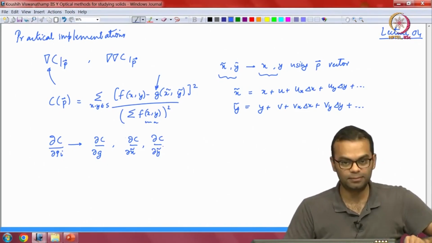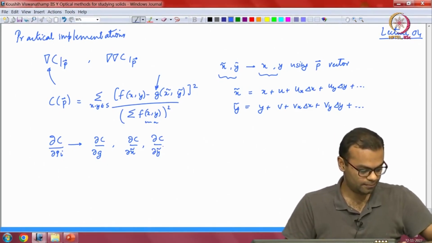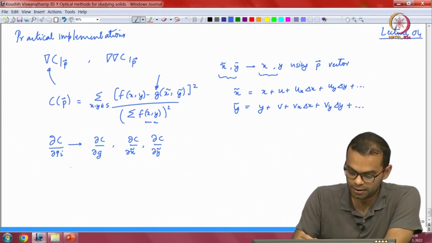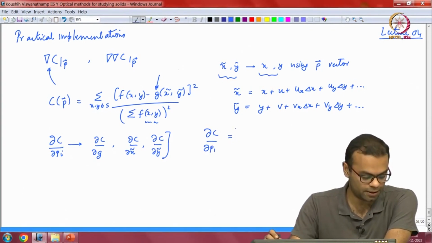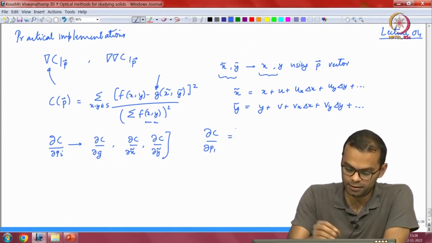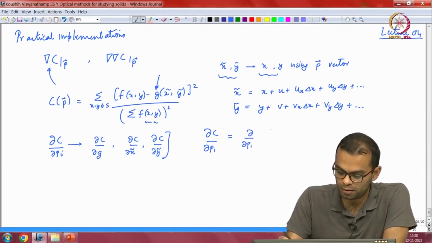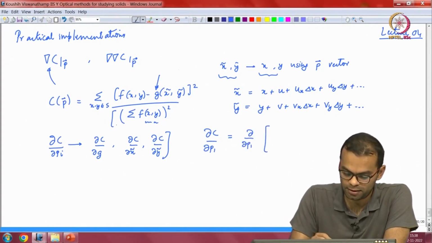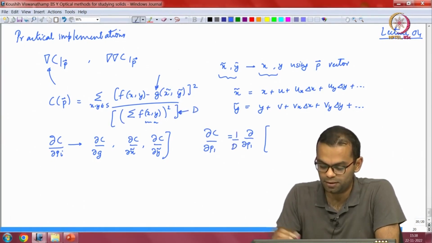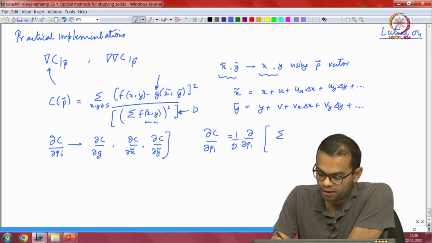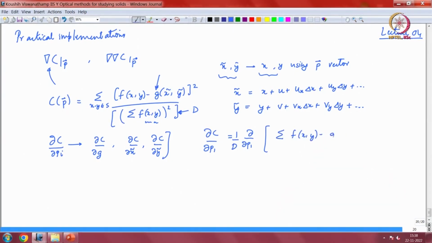So, as an example, if you wanted, let us say, dou C by dou P1 using this expression, you will get dou by dou P1 of, we will leave out this factor, we will call this D, this is the denominator, it does not matter like I said for the derivative. So, we will take it out. So, only the numerator remains. So, this is f of x y minus g of x tilde y tilde, this is squared and this bracket is for the derivative.